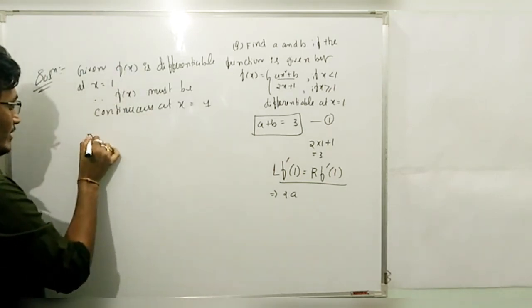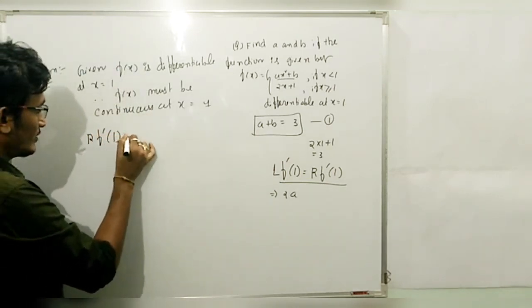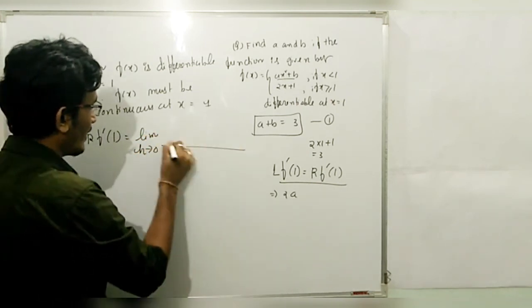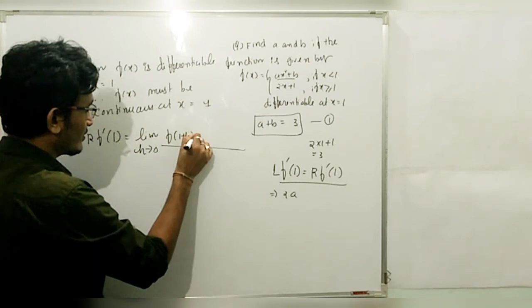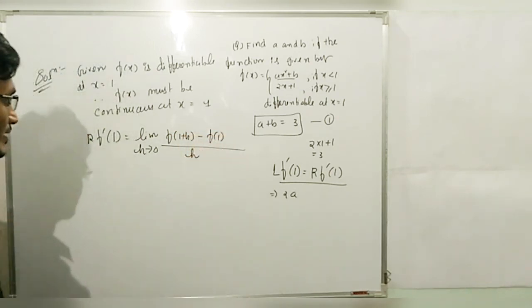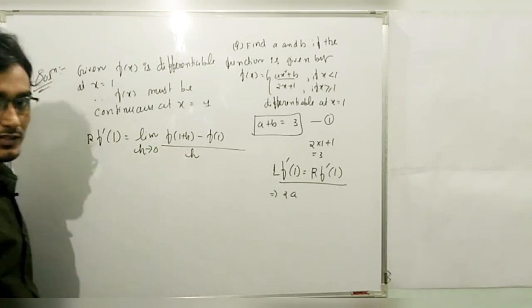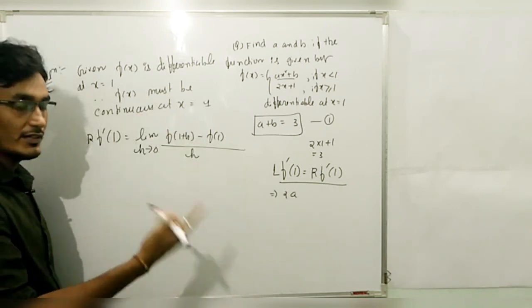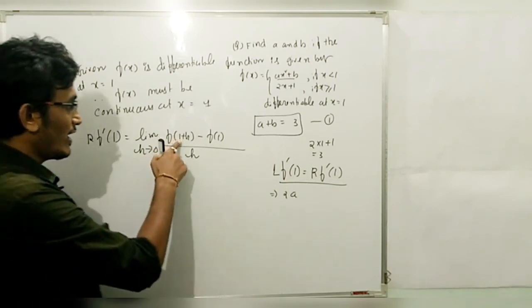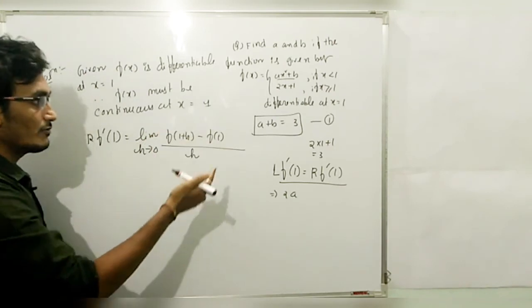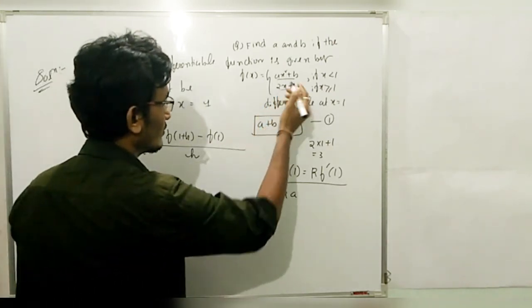So right hand derivative, here is the formula. Limit h tends to 0, f of 1 plus h minus f of 1, divided by h. Why is it f of 1 plus h? Because we are finding the right hand derivative, so it should be greater than 1. So for f of 1 plus h, we need to take the value of x which is greater than 1. So this is the condition.